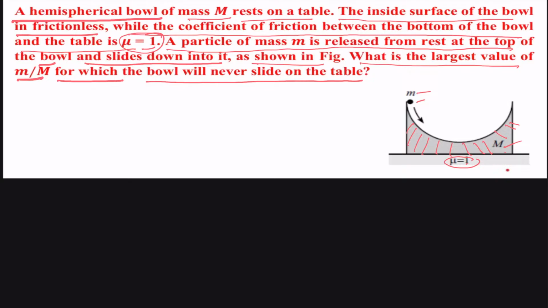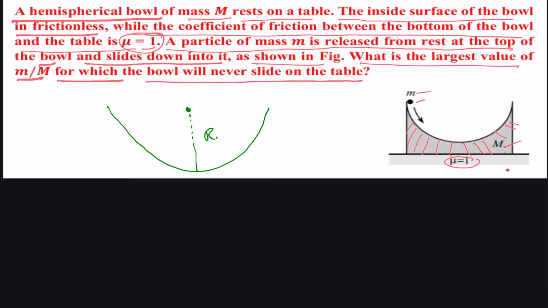Once again we can consider a position of this mass, and for that let me redraw this figure. Suppose this is the ball and this is the center of the ball, and its radius is given as r.